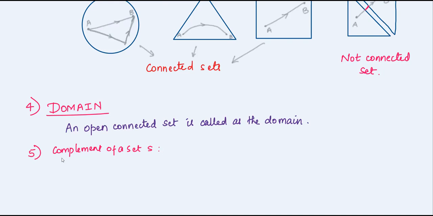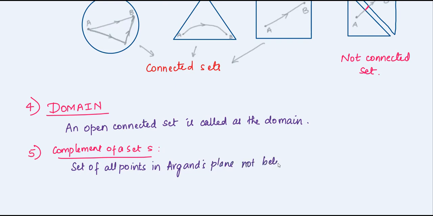It is the set of all points in the Argand plane, or complex plane, except those belonging to S. So the set of all points in the Argand plane not belonging to S.